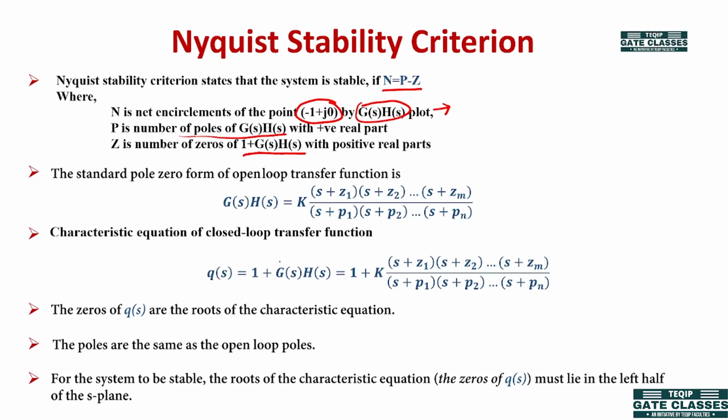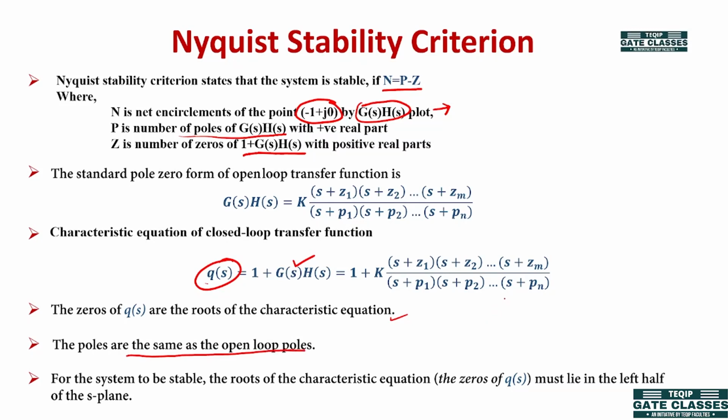The zeros of Q(s) are the roots of the characteristic equation, and the poles are the same as the open loop poles.